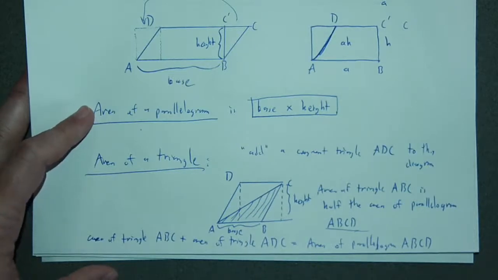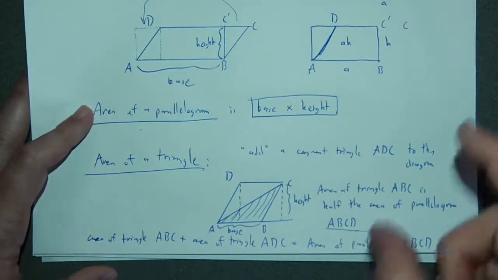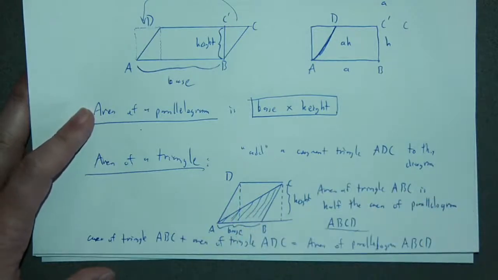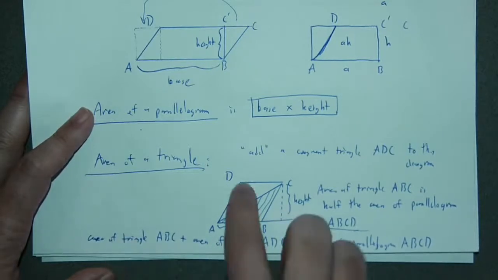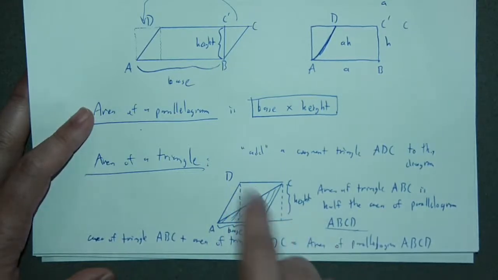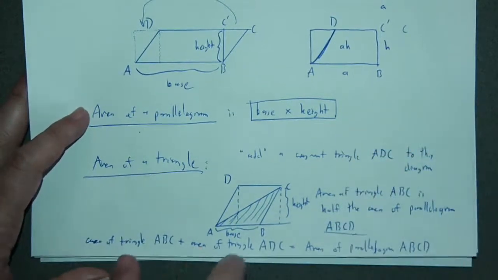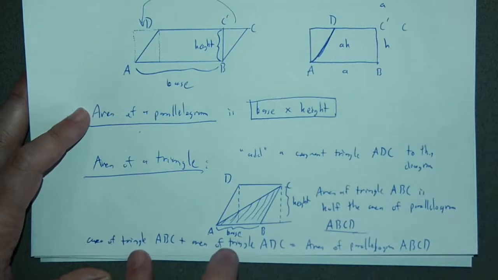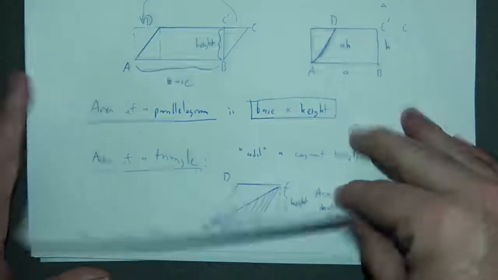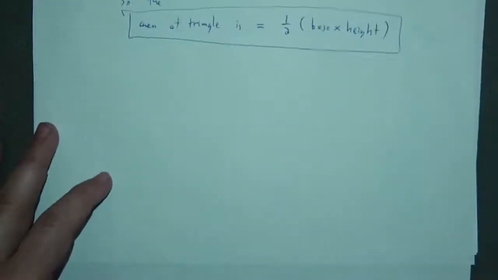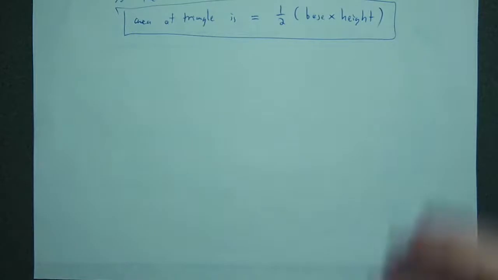This is one notion of coinciding, just like taking two lengths and matching them up is another notion of coinciding. So we saw that summing the area of these two triangles is the area of the entire parallelogram, which led me to say that since these two areas coincide, they're actually equal. Then to find the area of a single triangle, I can divide by 2, which leads to this formula: the area of a triangle is 1/2 base times height.